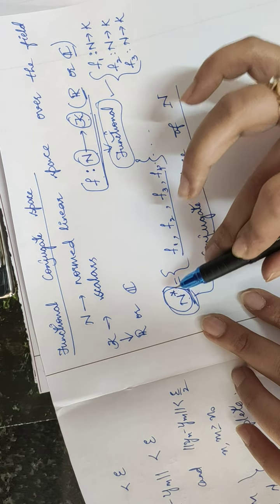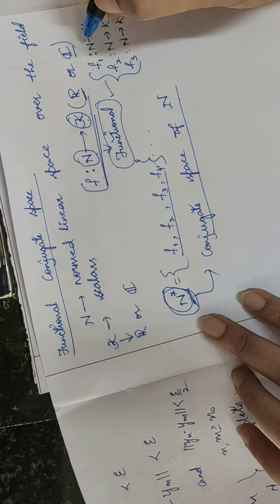Then you can call that N star the conjugate space of N.